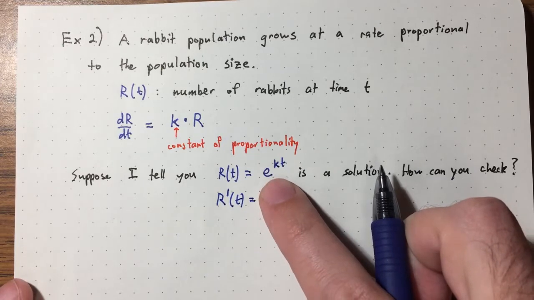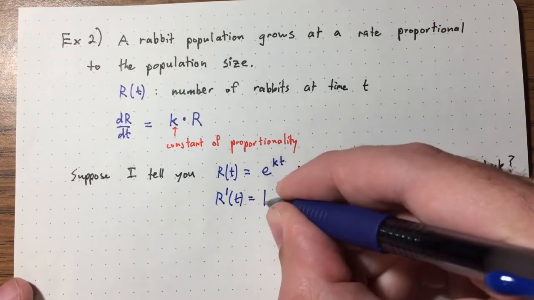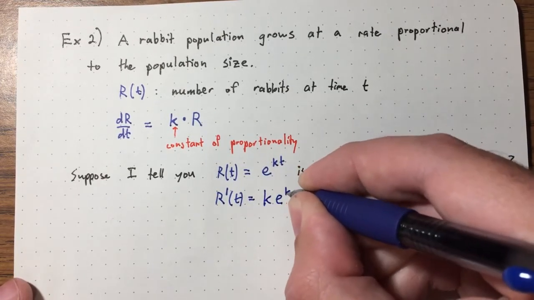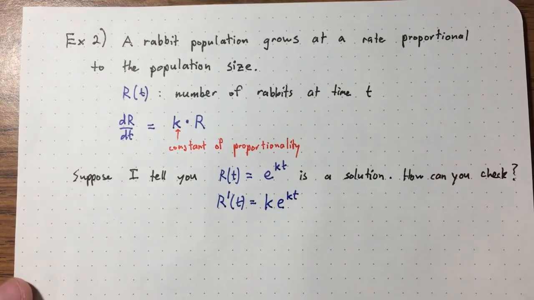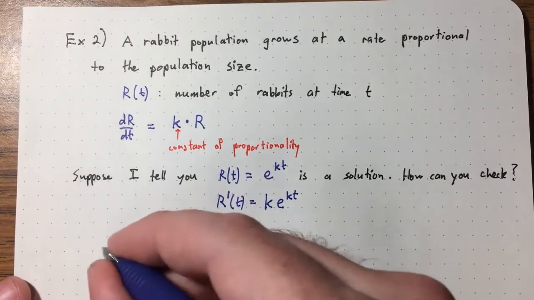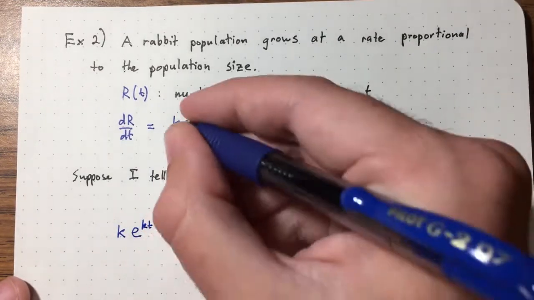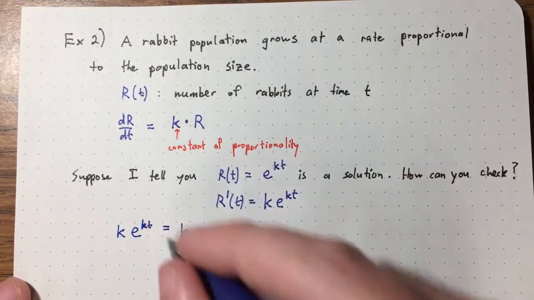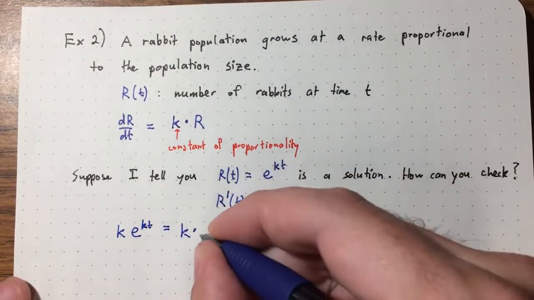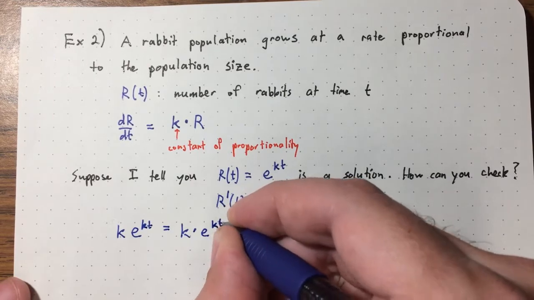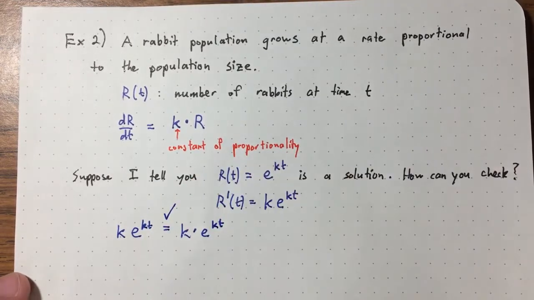It's the derivative of e to the kt, which is ke to the kt by the chain rule. Okay. And then if we plug this in, so on the left side, we just get k times e to the kt. And on the right side, we get k, right, times this r. But that's e to the kt. And we see that we have the same thing on both sides, so it checks out.